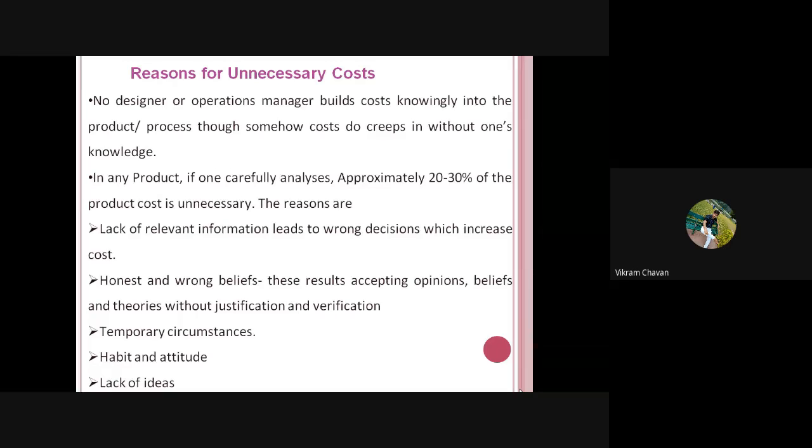They put their creativeness into that particular product, and the product becomes attractive at a lesser cost, so Indian products are not competing with Chinese products. That is the lacuna in our India. With more creativeness, more attractive features will be included in the product. So lack of ideas is also a reason for unnecessary cost.